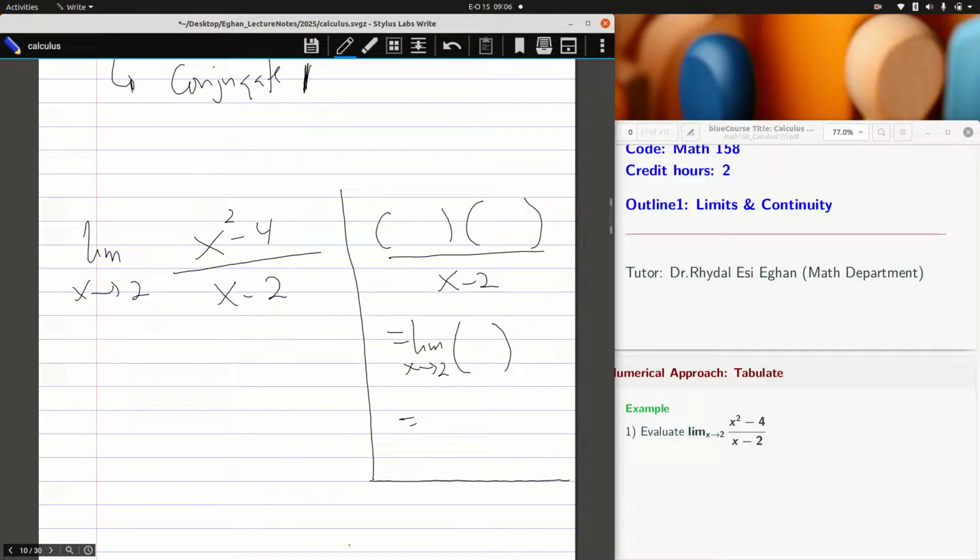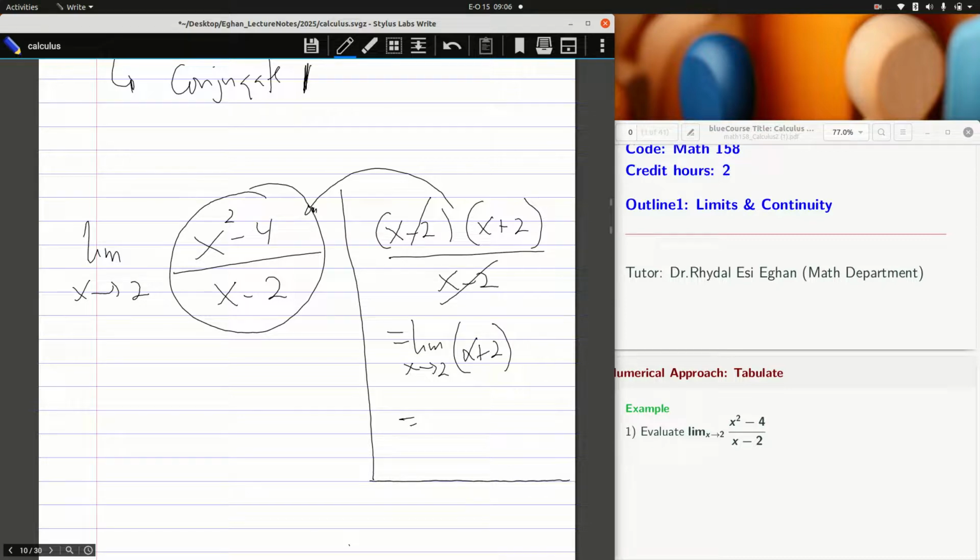If I ask you to find the limit as x approaches 2 of this function given, you will simply say I can factorize this to x minus 2 and then x plus 2. I believe when I expand this, I should get back my numerator here. With that, I can just simply cancel the numerator and the denominator and have limit as x approaches 2 of x plus 2.